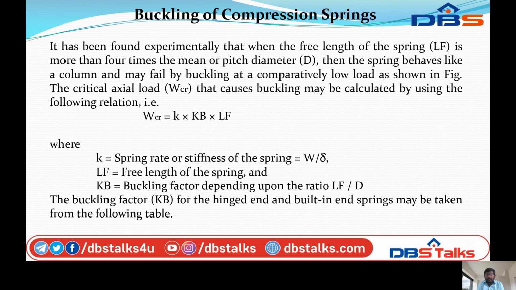where K is the spring rate or stiffness of the spring, that is equal to W by delta. LF is the free length of the spring and KB is the buckling factor, which depends upon the ratio LF by D. The buckling factor KB for hinged end and built-in end springs may be taken from the following table.